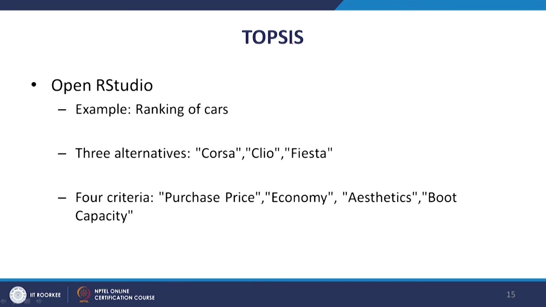So, now through R we have understood how different steps of TOPSIS can be implemented, and how TOPSIS modeling can be done. Now, let us move forward and discuss a few more points on TOPSIS. It has been observed that sometimes TOPSIS provides illogical results.